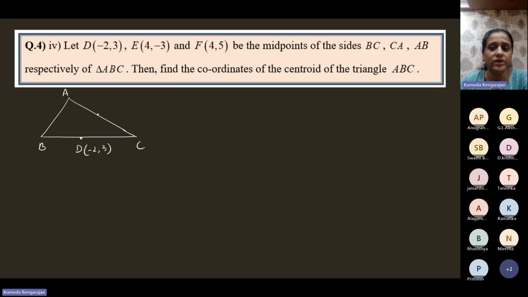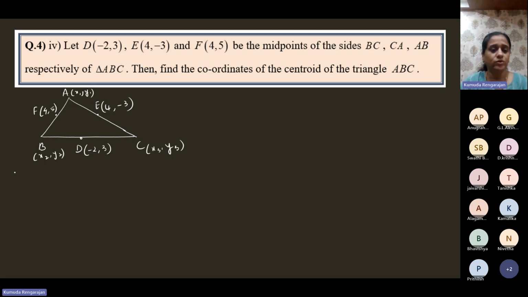E is the midpoint of AC, and F is the midpoint of AB. So let's call this X1, Y1. Let's call this X2, Y2. Let's call this X3, Y3.